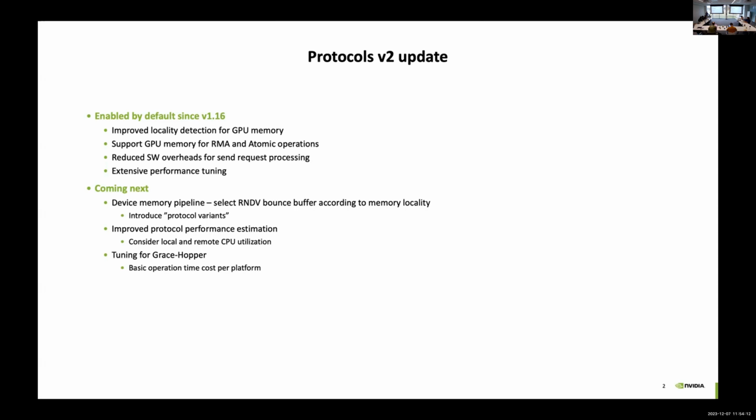We also plan to improve our performance estimation. During our tuning work, we identified a gap: when we have a protocol like rendezvous, we assume that we always take the estimated performance of the remote side, and on top of that, we add the estimated performance of our side.